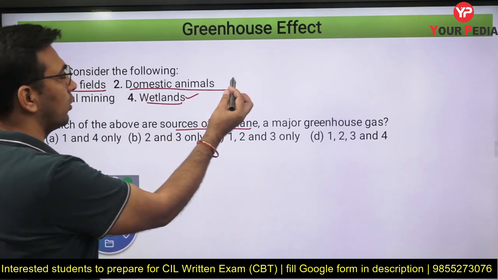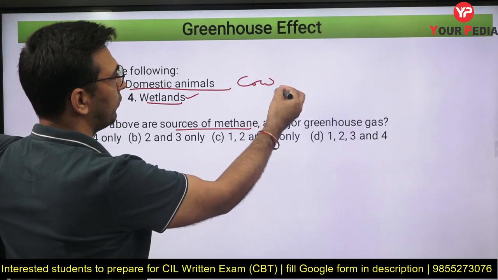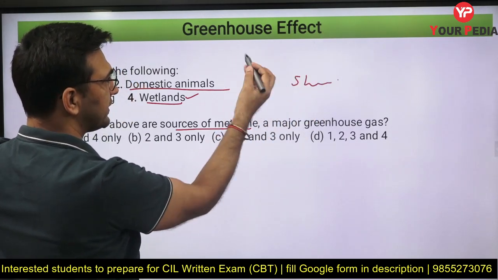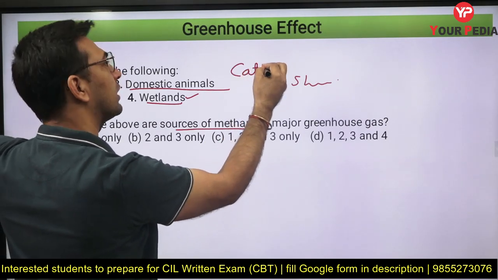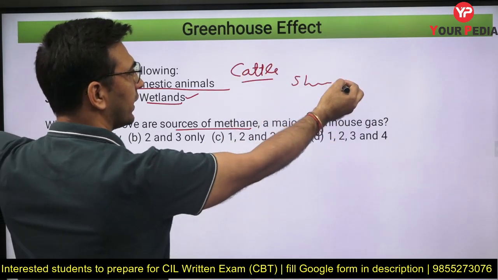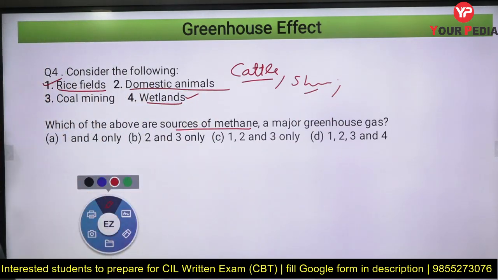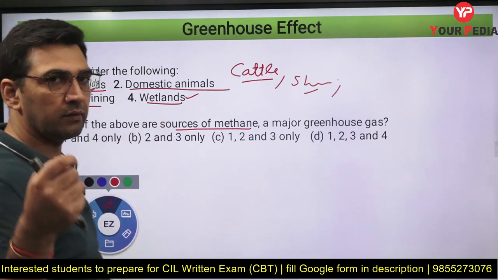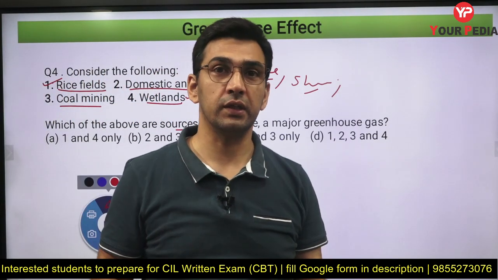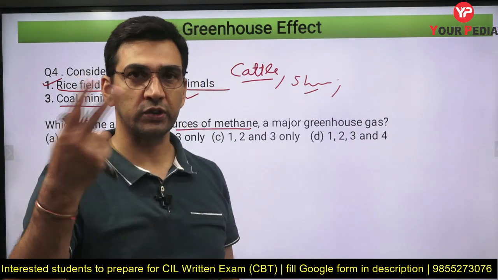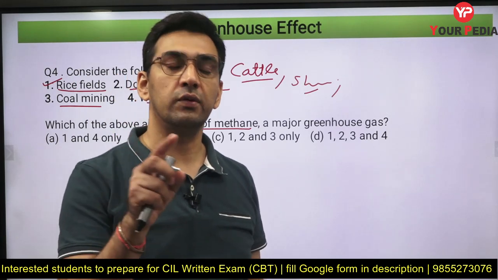Domestic animals, I already talked to you: cows, farming animals, sheep, or instead of cow, if I say cattle, that will be a more appropriate term. Cattle will cover all that. So these also produce methane through the burping process, as I told you. And coal mining, when you are mining the coal or transporting the coal, in the process it will be released. And also natural gas.